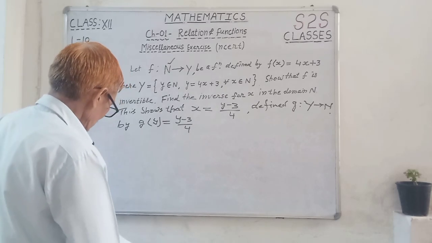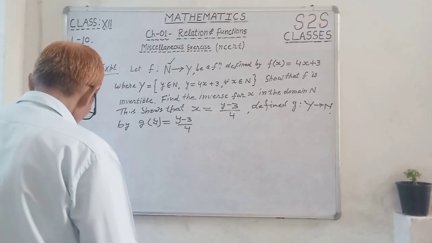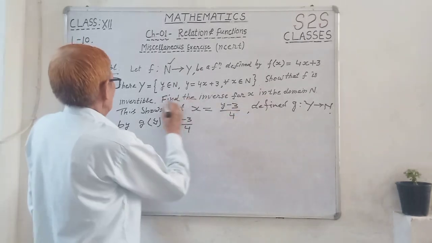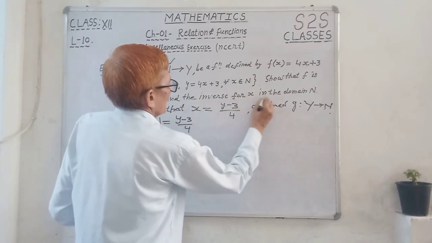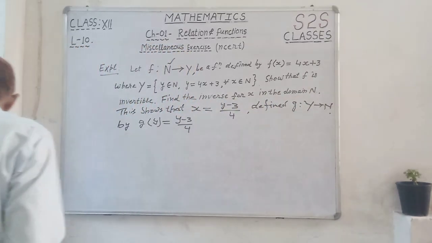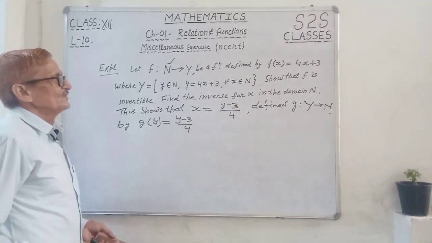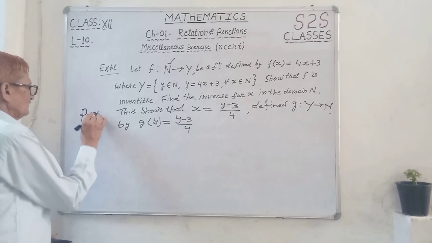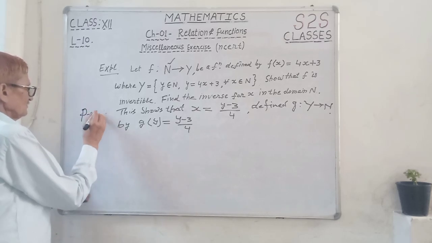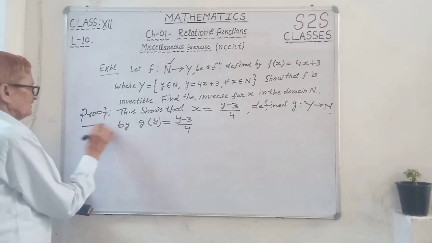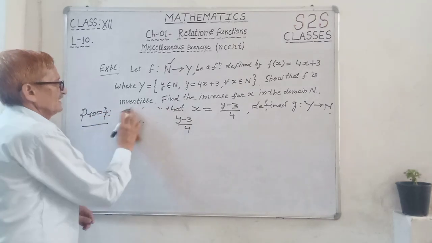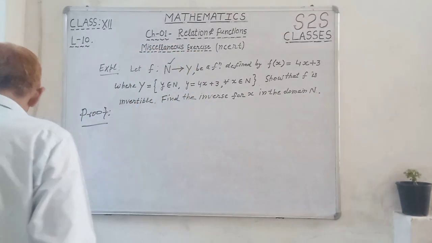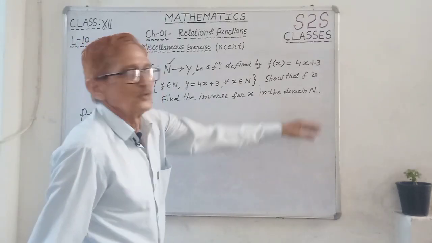Okay, this is invertible; find the inverse for x in the domain N. Now we have to prove it. In the proof, again you understand how the proof is done.